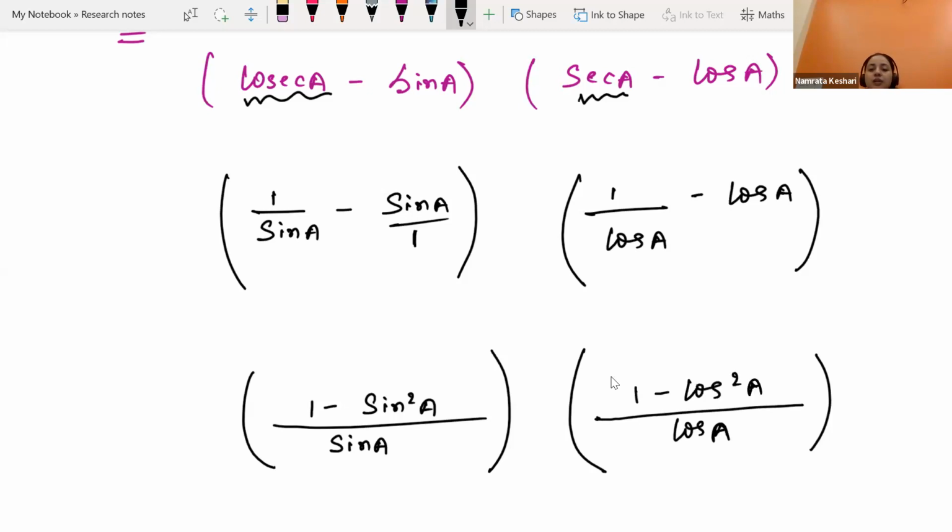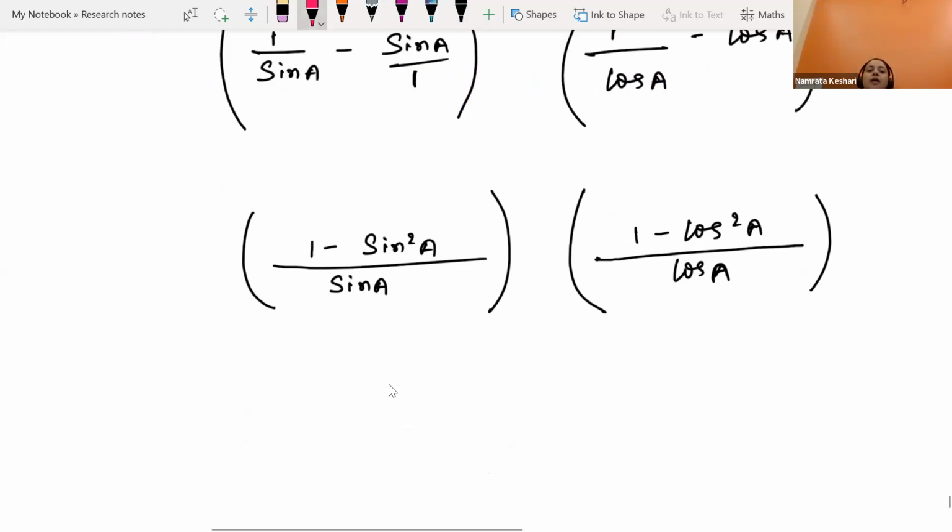Now, does it look like an identity we can use here? The first identity is sine square A plus cos square A is equal to 1.